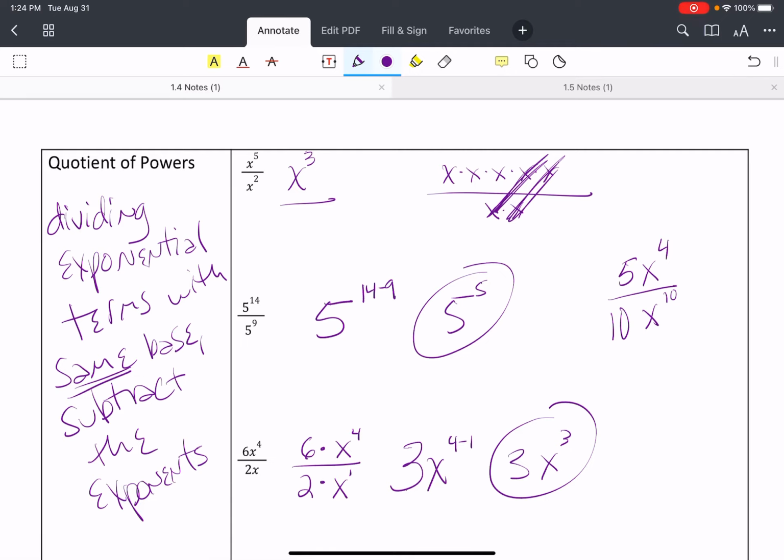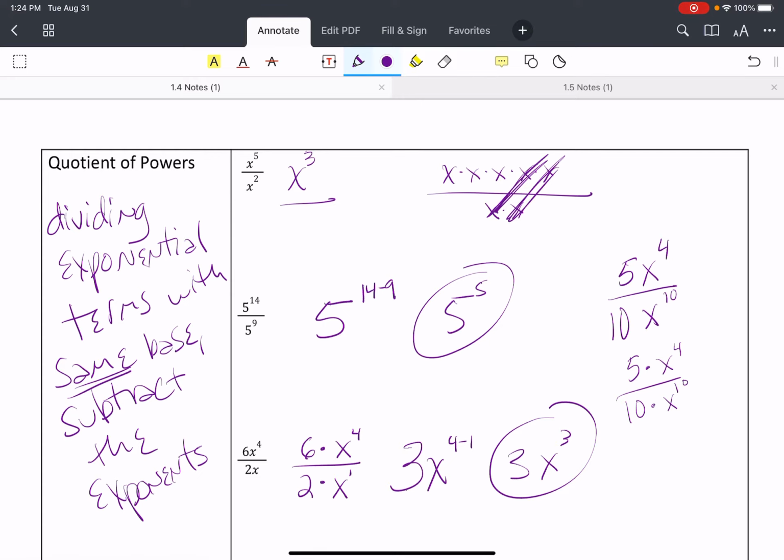Okay? So first, I'm going to put in my timesing dots because it helps me split them up. Five and 10 are different, so I can't use my rule right here, but I can still simplify it. What is 5 over 10? 2?